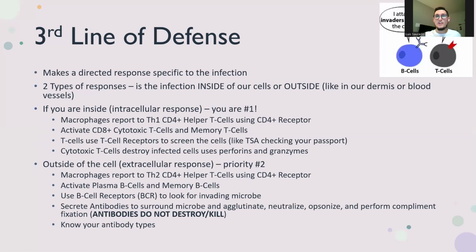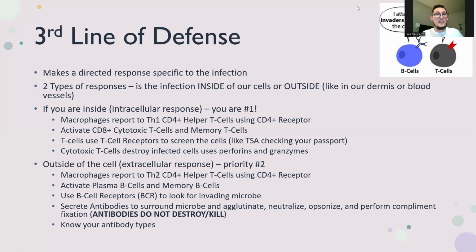Okay, now we get to the third line of defense. The way I learned this is where's the infection occurring, and depending on where the infection's occurring is whether I'll have a B cell or a T cell involved.